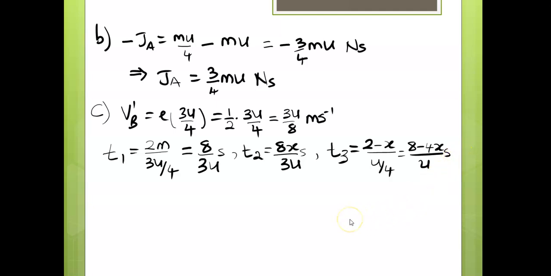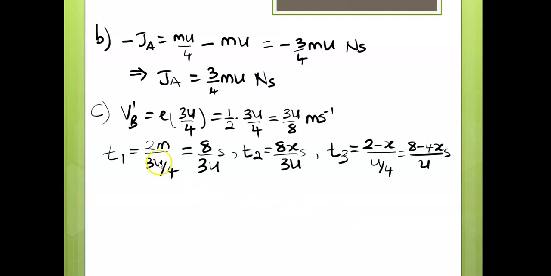Now, the time T1 plus T2 is equal to T3. That is the time for B to cover the 2 meters to hit the wall, plus the time after having impact with the wall returning, is equal to the time that A takes to cover the distance 2 minus x, divided by U over 4.